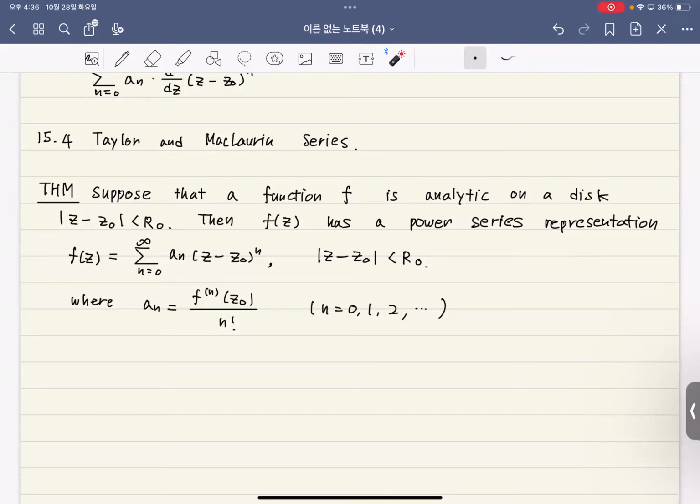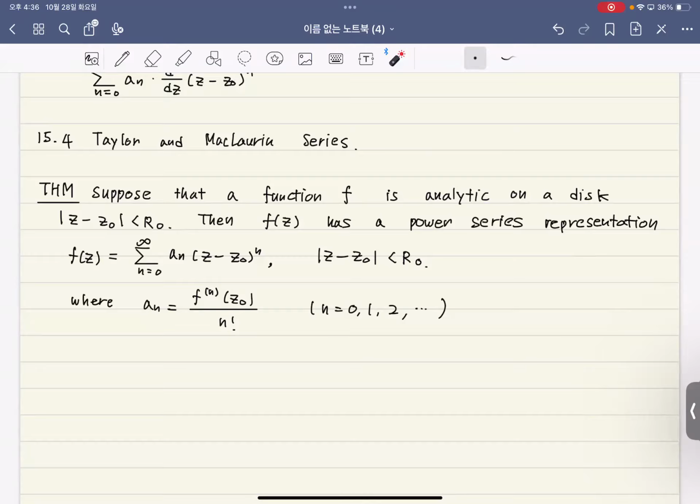So although the statement sounds like a very local statement, it feels like in order to make use of this theorem, I will first need to make sure that my function is analytic on some open disk. But this condition may be dropped because your function being analytic is automatically already a local statement. Why? Because suppose that your function is analytic at some point.